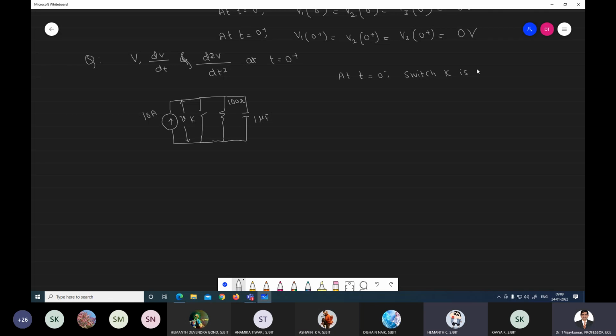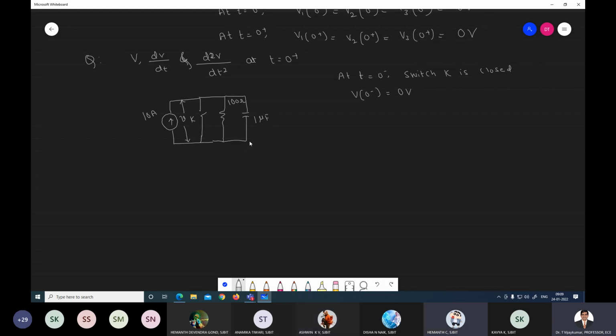Closed. When it is closed, it acts as a short. Then what is the voltage? V of 0 minus is 0 volt. Now at t is equal to 0 plus, what is the switch condition? Open.